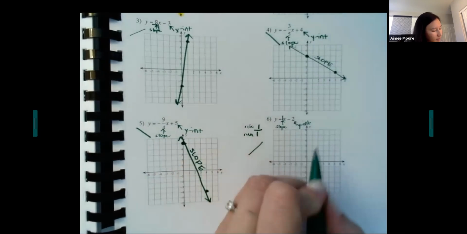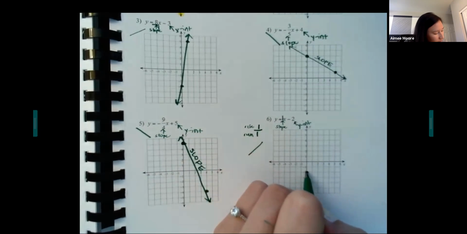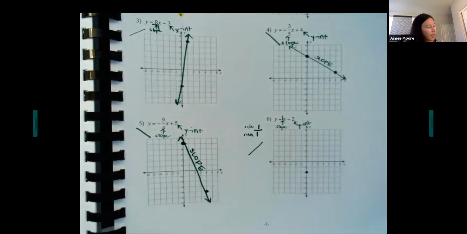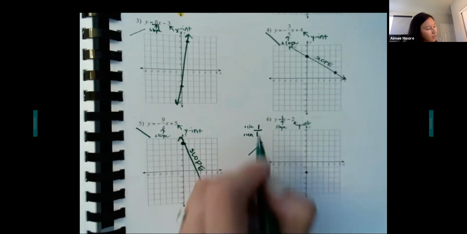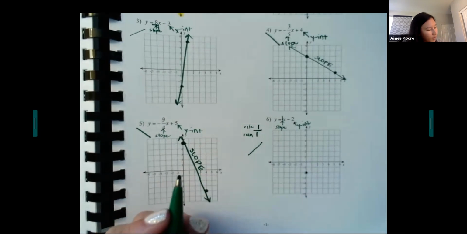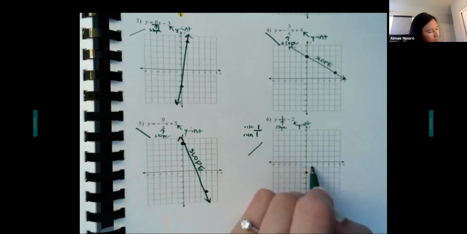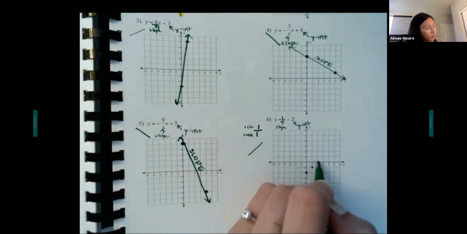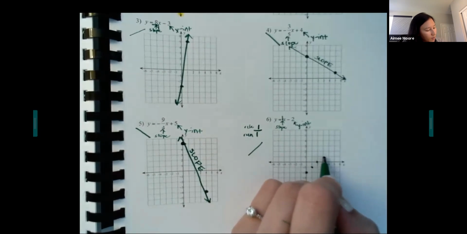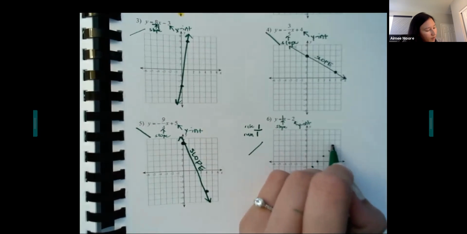So our y-intercept is -2, so we go down to -2. And then our slope is a positive 1 over 1. So I'm gonna go up 1, and to match my picture means I'm gonna have to go right 1. Up 1, right 1. Up 1, right 1.